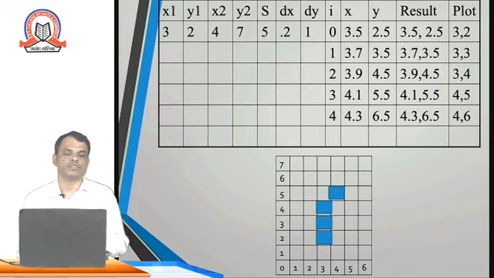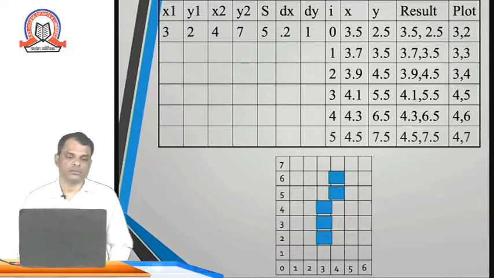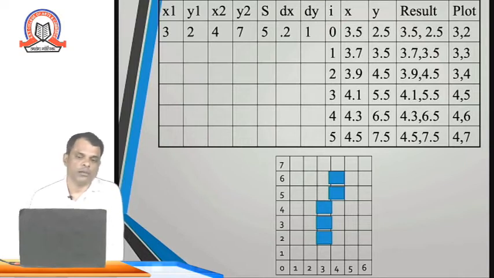So after the 5th step we have to stop. This is done. So the 4th step is over and this is my 5th step. If you check, the final plotted point is 4.7. So I reach the end point and this is how the line gets generated. One point gets plotted and the line gets generated.